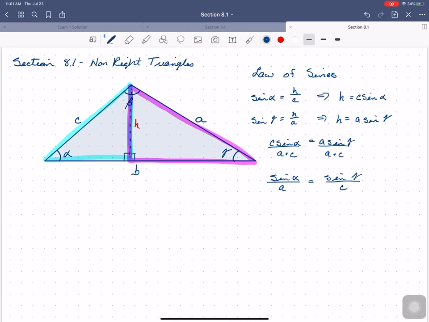So I dropped my vertical from angle beta. I don't have to do that. I could drop my vertical from angle alpha to make a perpendicular over here, and I would come up with a very similar response.